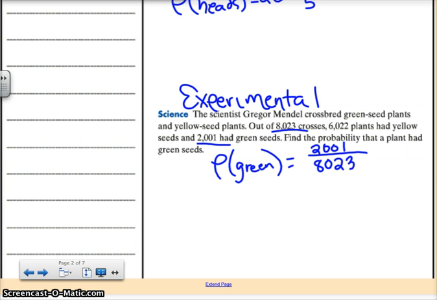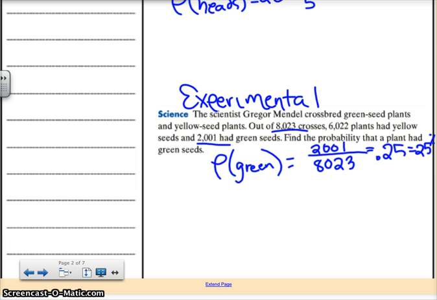Now I don't like these numbers at all. Do you like these numbers? No, too big, so I just leave it there. Go fraction, decimal. Top divided by bottom, 2,001 divided by 8,023 is rounded to 0.25. Rounded, it's not 1/4. Rounded to 0.25, which is 25%.